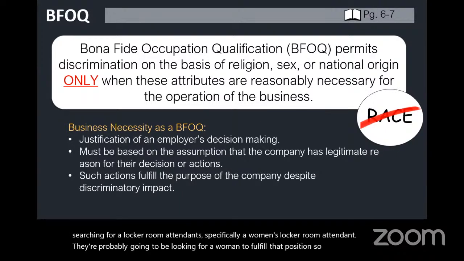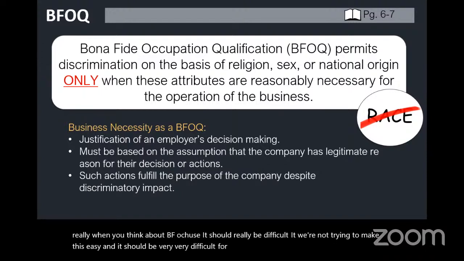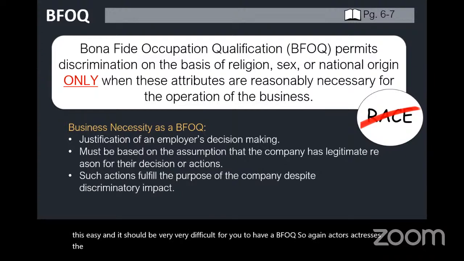Again, when you think about BFOQs, it should really be difficult. We're not trying to make this easy. It should be very, very difficult for you to have a BFOQ. So again, actors, actresses, the locker rooms come into play a lot.